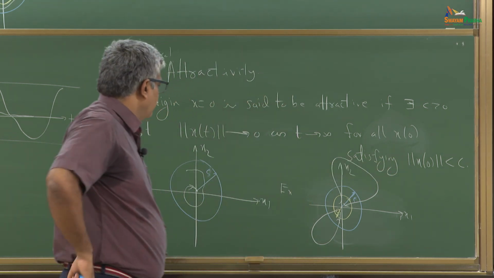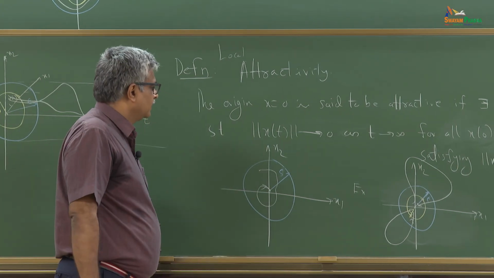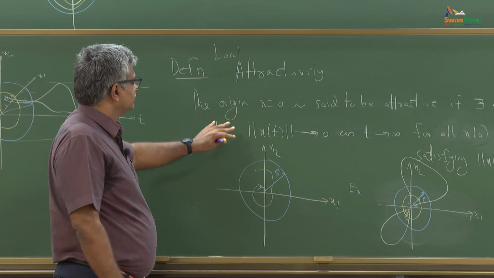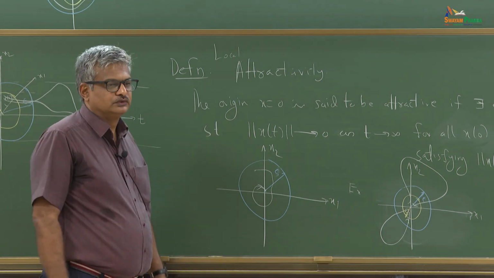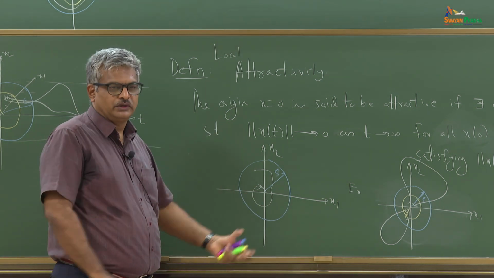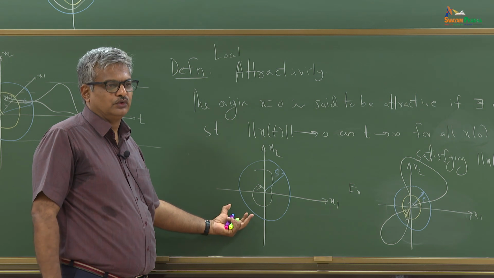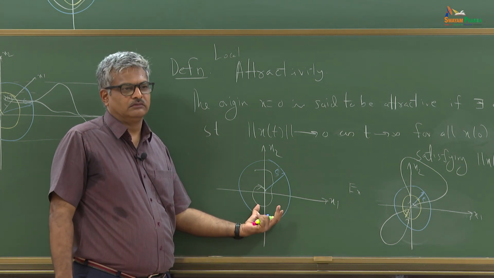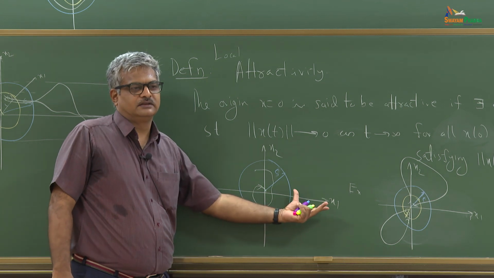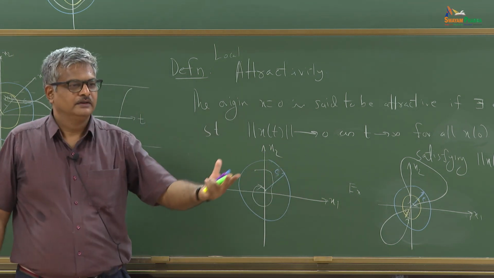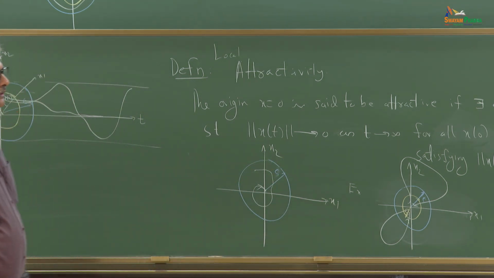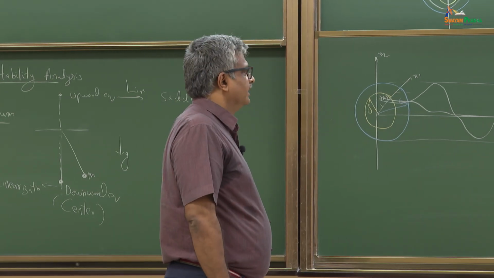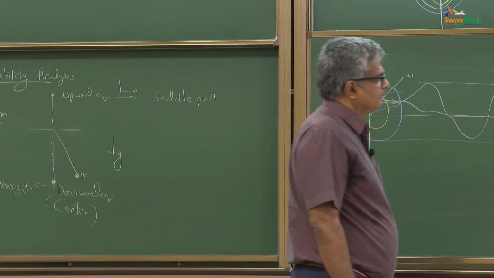Yeah, obviously, all this will exclude. If you have multiple equilibrium points, all this will be very local. You cannot have a global, right? So all your epsilon balls will not contain that other equilibrium point. Yeah, you can do that. Fine.